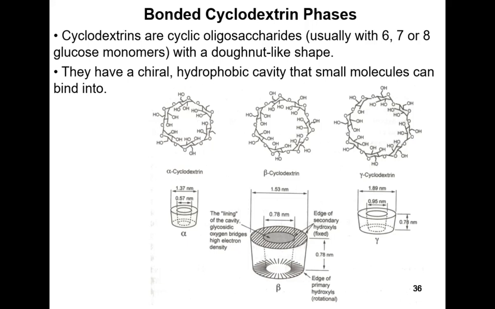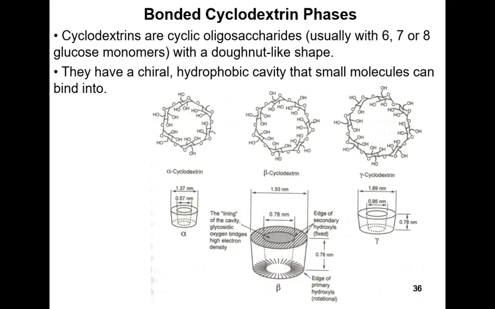Anyway, the long chains of carbohydrate groups in cellulose, if you have a short chain it can wrap around and join one end to the other, and you get these ring type structures made up of 6, 7, or 8 glucose monomers.